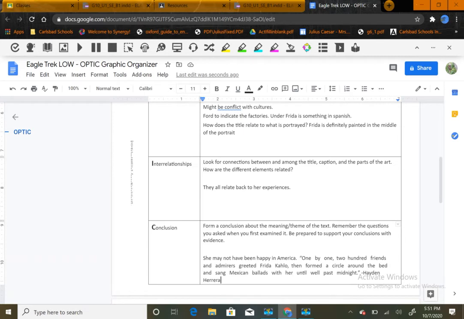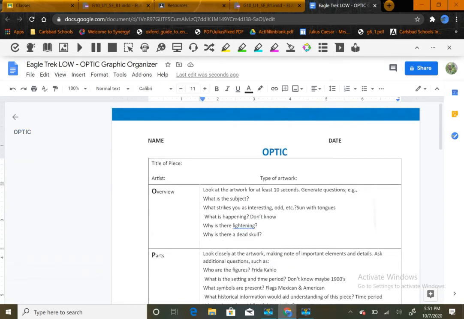So if you use this, you're going to get it counted off because this has nothing to do with that. It's just an example of taking text, putting it in, and citing it correctly. So this is how you do the OPTIC Graphic Organizer.